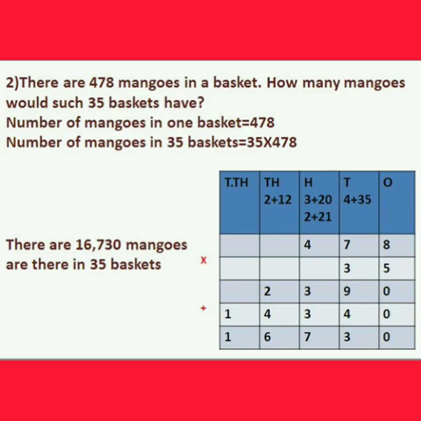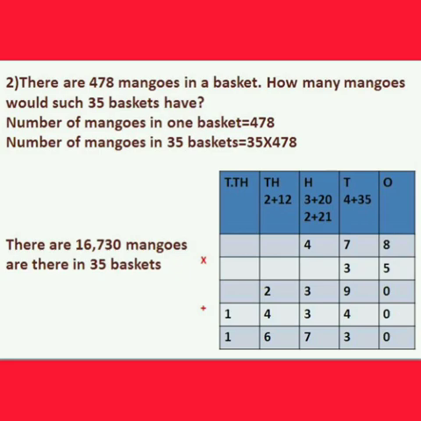Next, there are 478 mangoes in a basket. How many mangoes are there in 35 baskets? Number of mangoes in one basket equals 478. So we are going to calculate the mangoes in 35 baskets.